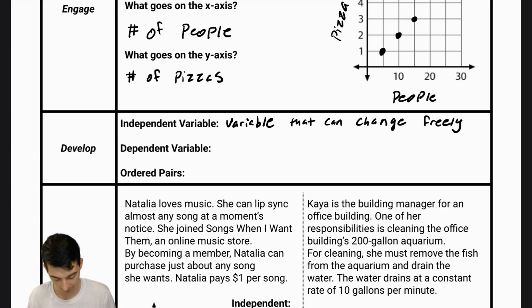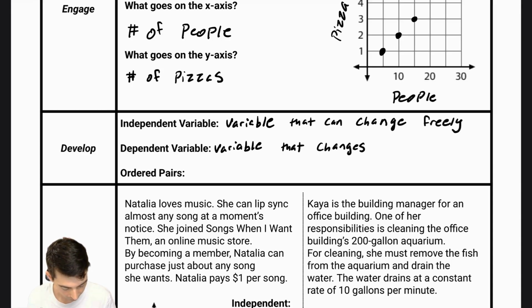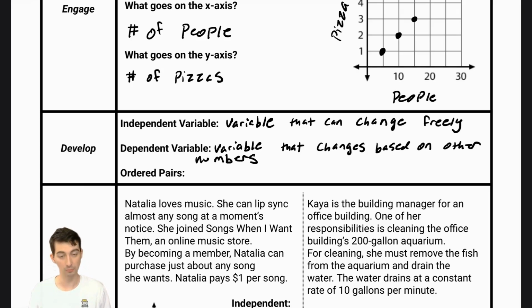So that's my dependent variable, a variable that changes based on other numbers, right? So my independent variable would be the number of people that I'm inviting, where my dependent variable would be the number of pizzas I have to buy, depending on how many people that I invite.